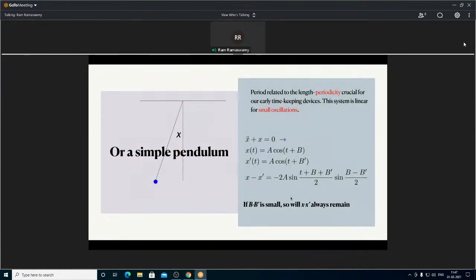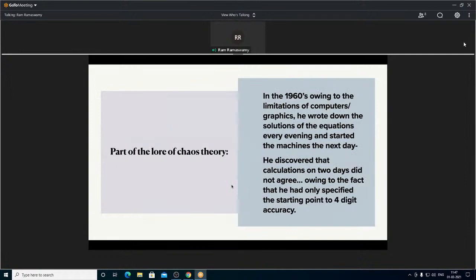If you take a simple pendulum, if the difference in initial conditions, x minus x prime, the change in b and b prime, is very, very small, less than 10 to the minus 4, then you've got sine of 10 to the minus 4, which is approximately 0. And that will keep x minus x prime very, very close to 0. So what Lorenz did was, he said, how can it make much of a difference?